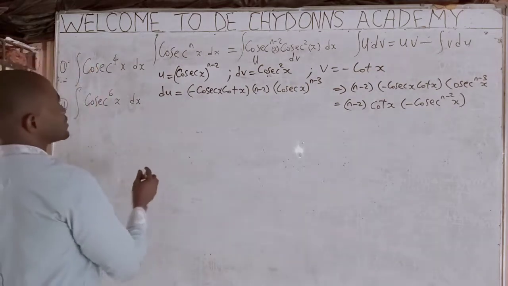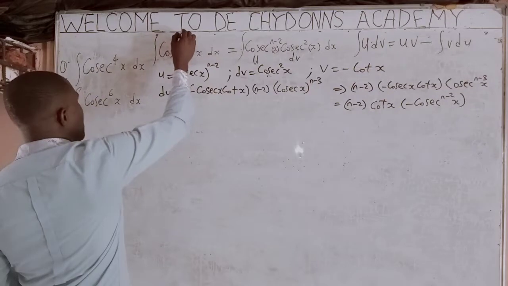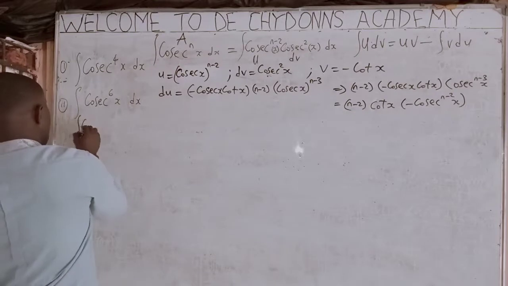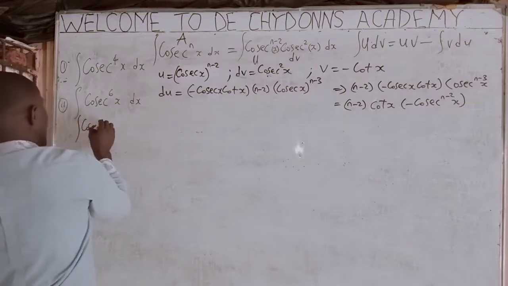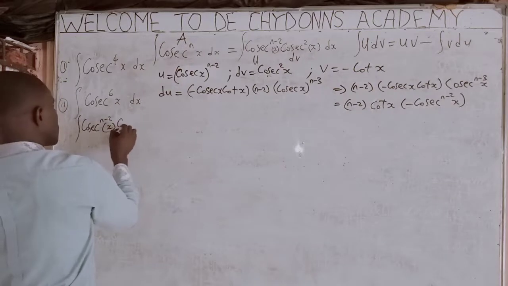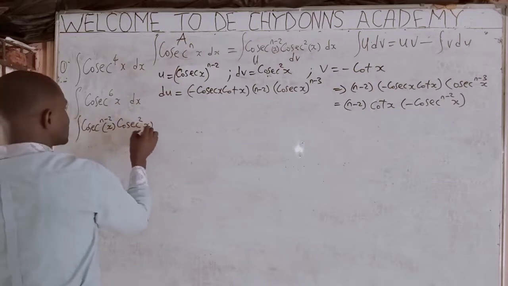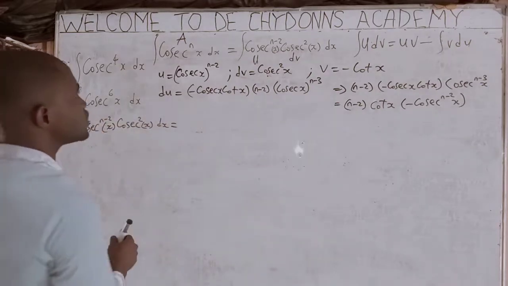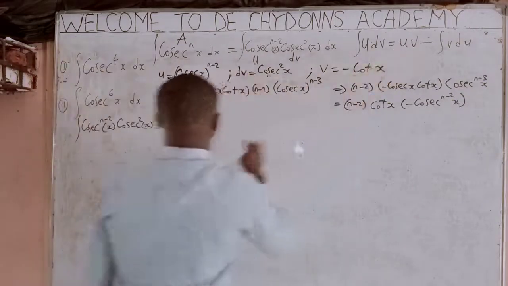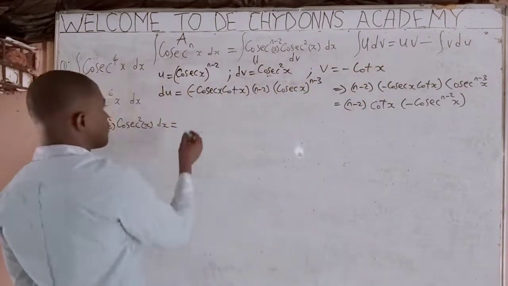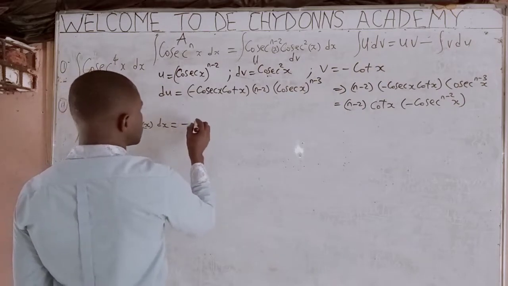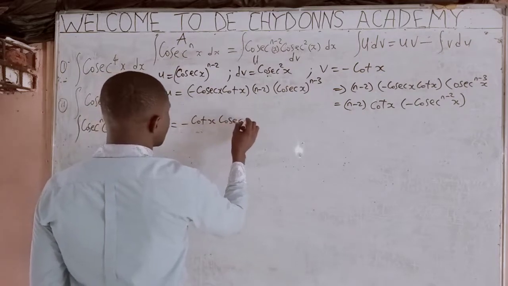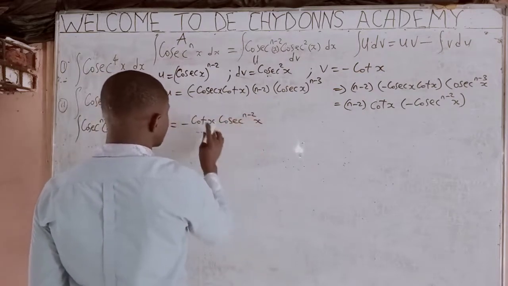What we now do is that we say, okay, we'll call everything here A. We now say A is equal to this. We say integration of cosec to the power n minus 2 of x, cosec squared x dx is equal to, what is your uv? uv will be giving us minus cot x cosec to the power n minus 2 of x.